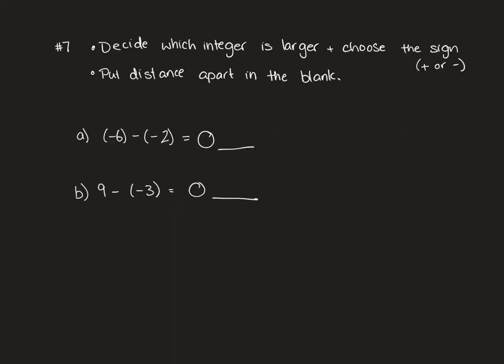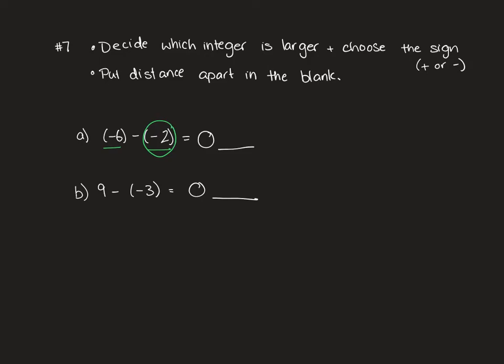Question 7 is basically putting all of these pieces together. The first step is to decide which integer in the question is larger to help you choose the sign. So if we look at A, we have -6 and -2. -2 is further on the number line to the right, so it is our bigger number.